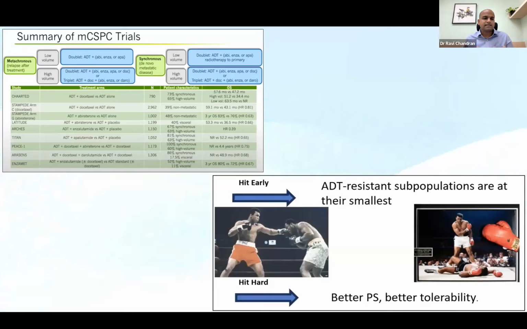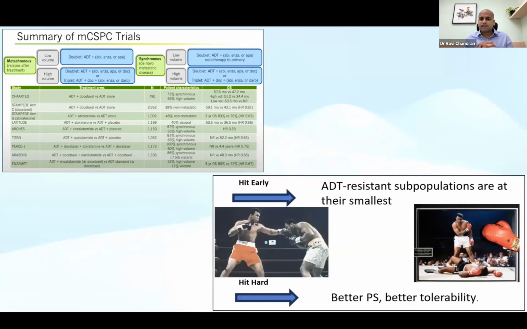And then in the first half of the 2000s, we had docetaxel coming into the picture. And in the later decade, we had novel androgen receptor inhibitors. And now in the last 3-4 years, we are having multiple trials showing better results with triplet therapy. And this one picture I have borrowed from the last presentation from Dr.